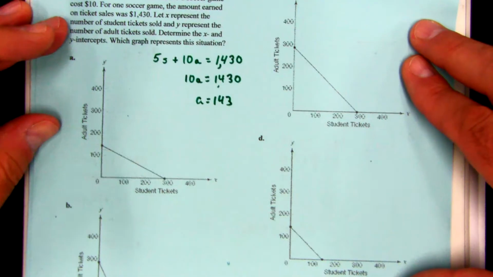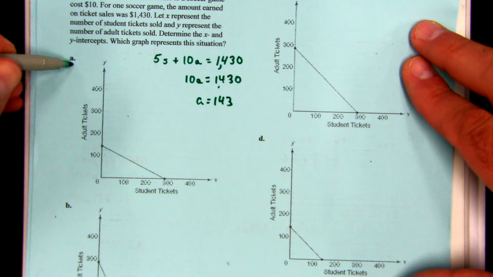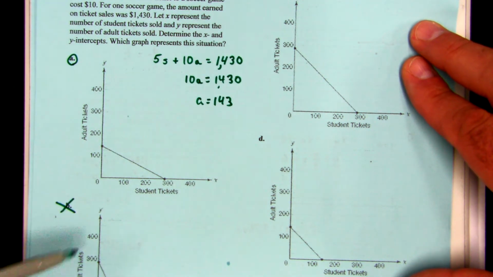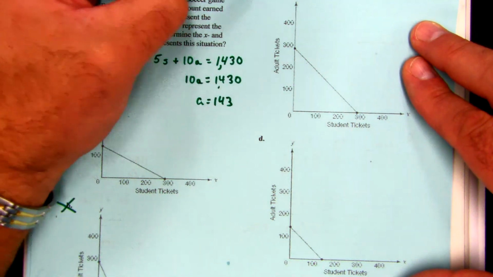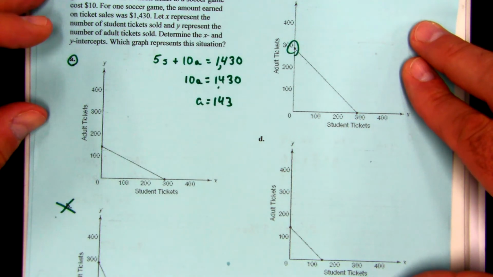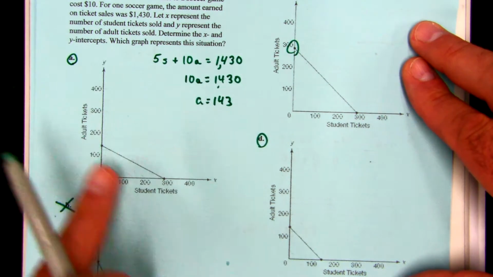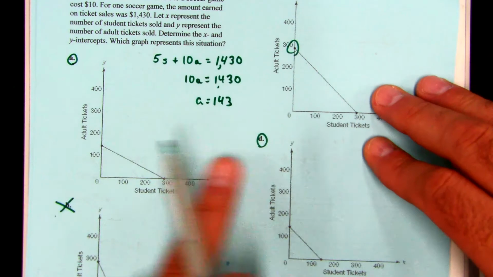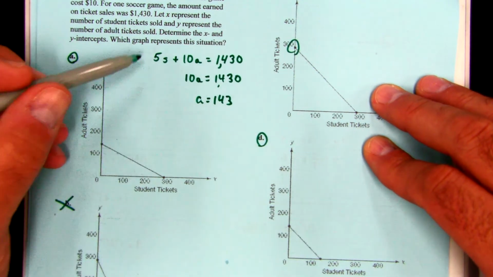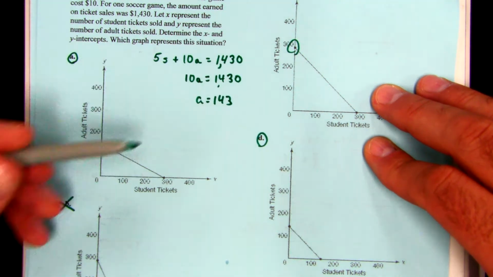Well, by looking at these graphs, that only happens here, possibly. Does not happen here. This would not be 143. This doesn't happen. This would not be 143. The only possibilities would be either A or D, because that's where 143 tickets would be for adults if I sold no students.